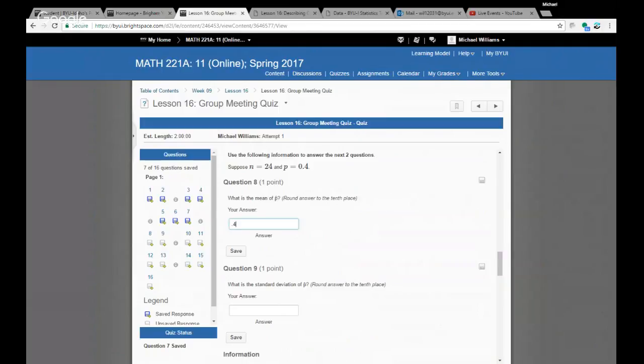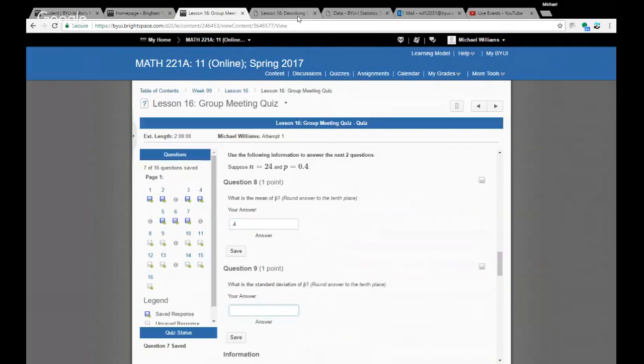That relates back to the fact that the mean of the sample proportion is the actual population proportion, and then we use the other equation to get the standard deviation.